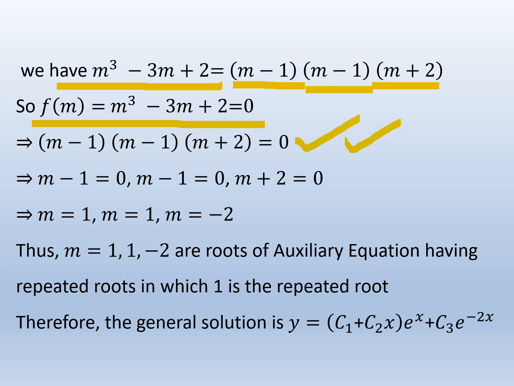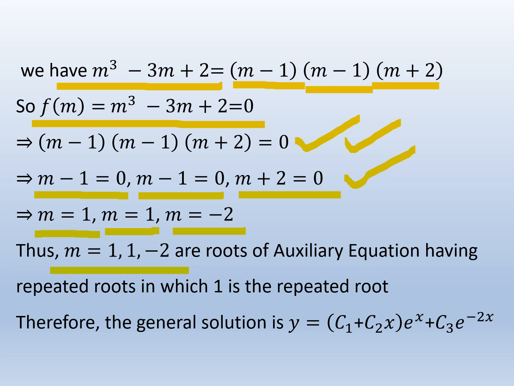Now, from this equation, we get m minus 1 is equal to 0, again m minus 1 is equal to 0 and m plus 2 is equal to 0. Now from these equations we get the values of m like this, that is m is equal to 1, again m is equal to 1 and m is equal to minus 2.